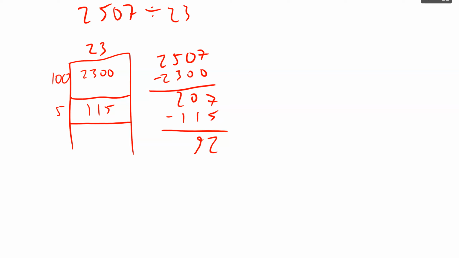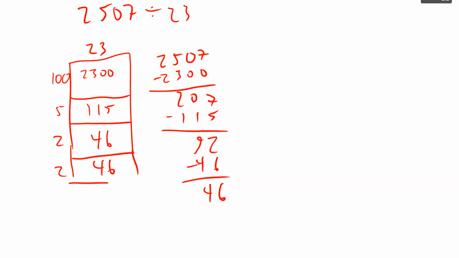So I have 92 that I still need to use up. So how many 23s are in 92? I'm not sure. I know if I had two 23s, that's going to give me a chunk of 46. So I'm going to subtract that. That leaves me with 46. Oh, well, good. I know that another 2 will get rid of that 46, or use that up. And then now I'm done.